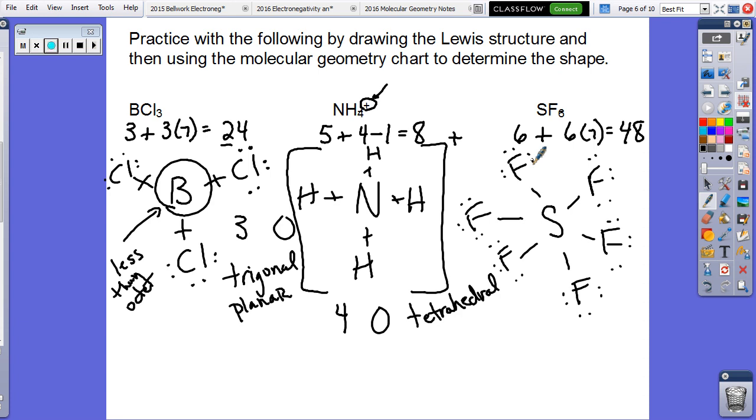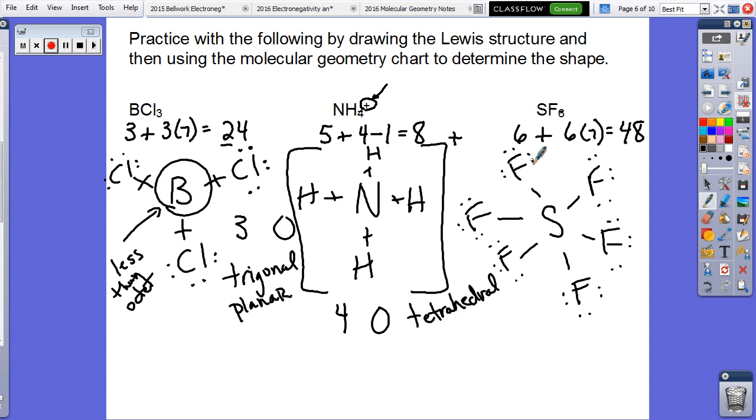Any elements in periods or rows 3 through 7 of the periodic table can hold more than 8 valence electrons due to d subshells coming up and holding those extra electrons. Okay, but let's look on our reference chart and figure out the shape of this really big molecule.